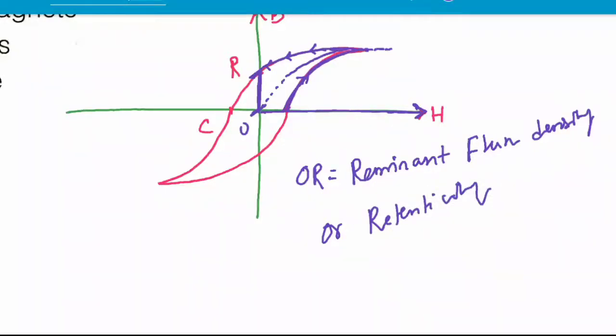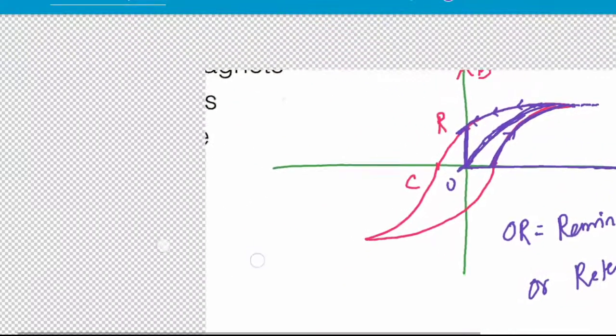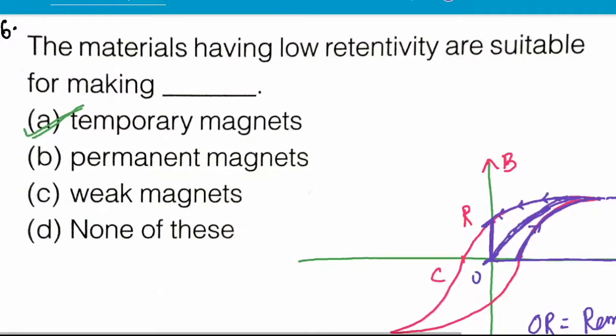If this is not a ferromagnetic material, then it will come in the same path, because it is retaining some of the magnetic dipoles in the previous position. So OR is called the retentivity. And here the question is asking for low retentivity.